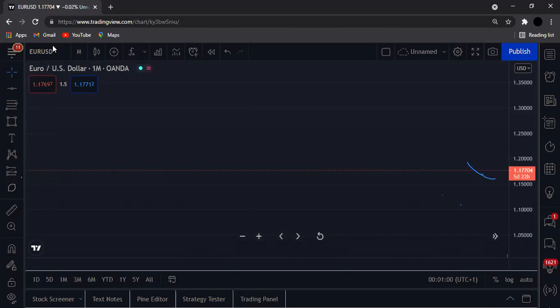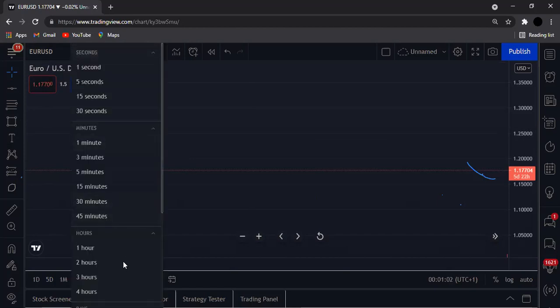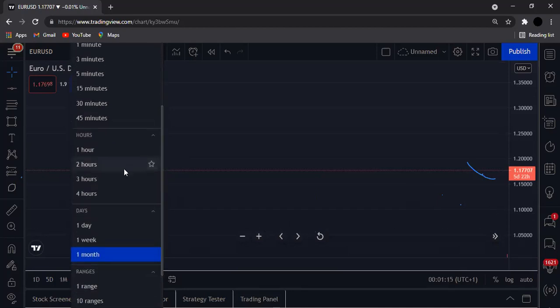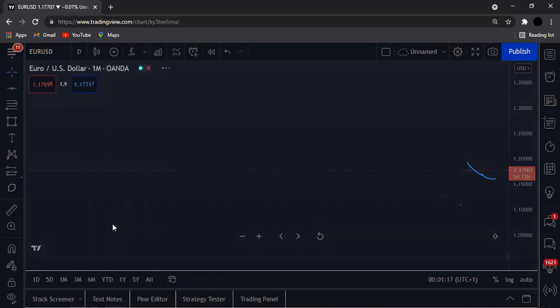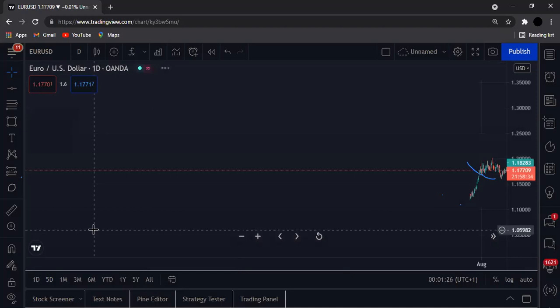Finding it hard to load. Maybe I should just step down to 4 hours or daily. Let's see the daily time frame. Okay, the daily time frame is loading.